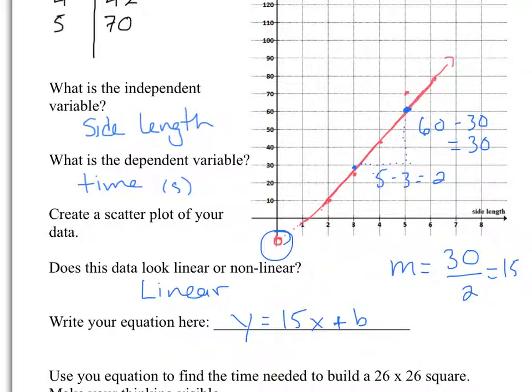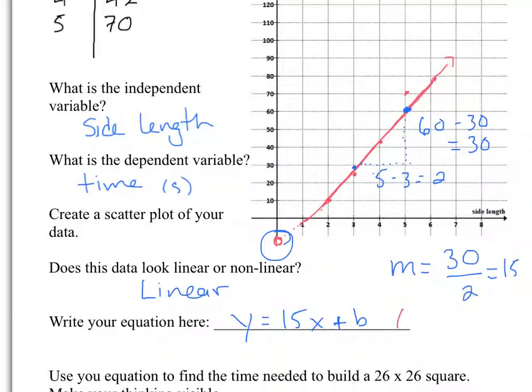So to find it, even though I've got now 3 variables, y, x, and b, well, I can find the b fairly easily. I just have to take one of the points. In this case, I'm just going to take one of the points being, let's say, 5 and 60.